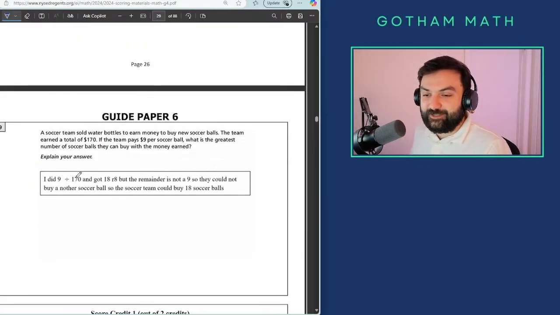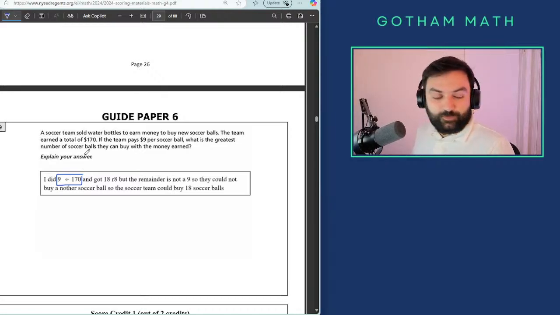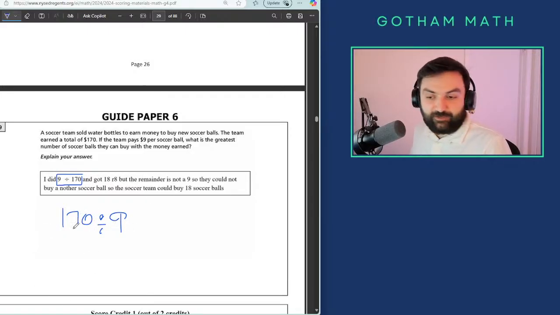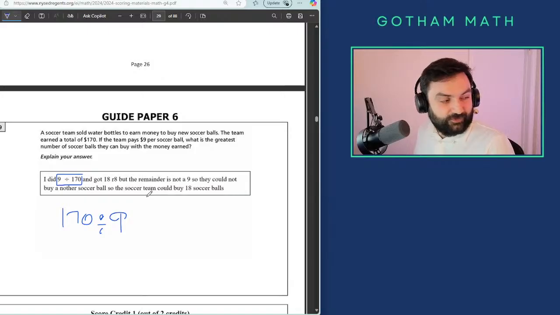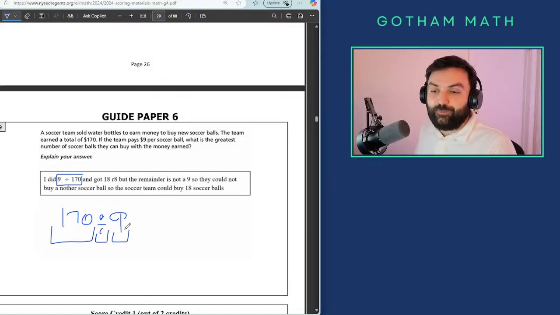I did 9 divided by 170. This is so American. I don't know why so many American students get confused in division. A lot of American students, when they see this, say 9 divided by 170 instead of 170 divided by 9. I always say 170 divided by 9, because that's what it says. That's what my parents taught me.